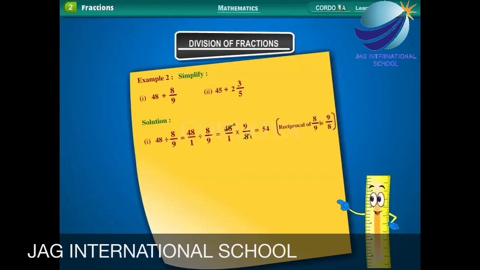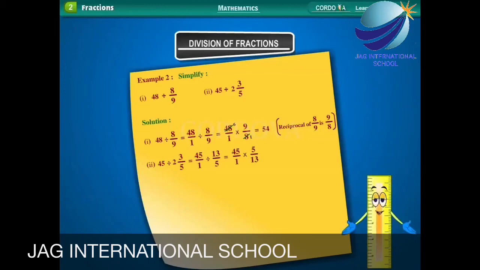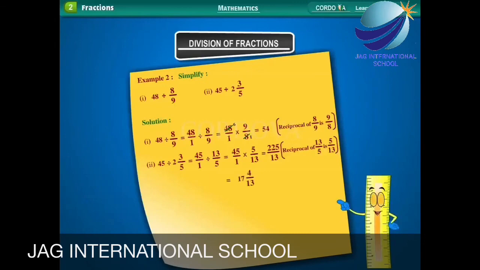The reciprocal of 8/9 is 9/8. 2. 45 ÷ 2 and 3/5 is equal to 45/1 ÷ 13/5, which is equal to 45/1 × 5/13, which is equal to 225/13. The reciprocal of 13/5 is 5/13, which is equal to 17 and 4/13.